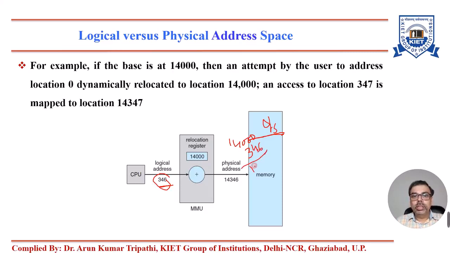So this will be 14,346. This address is known as the physical address, while the address generated by the CPU is known as the logical address. It is the responsibility of the memory management unit to convert the logical address into the physical address.